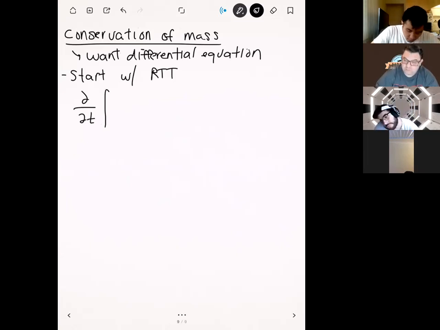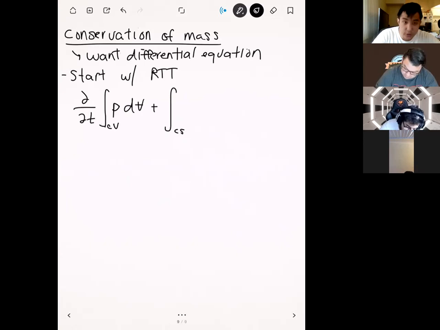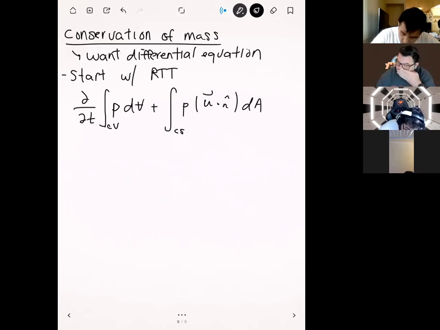We take the partial time derivative of the integral of rho dV over the control volume, plus our inflow outflow term. So we have the integral over the control surface of rho carrying velocity, that's V dot n dA, and all this is equal to 0.